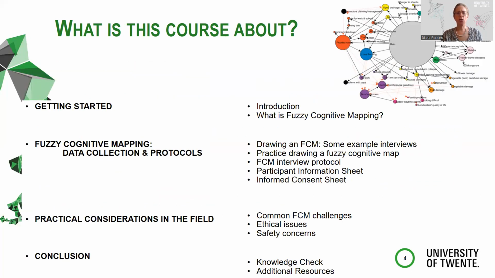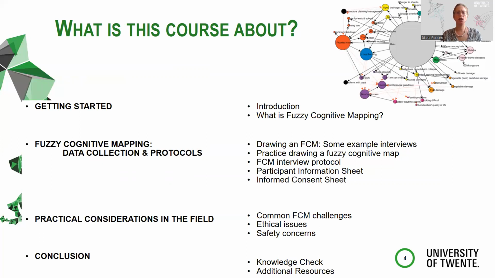We have structured the course in 4 parts that are entitled Getting Started, Fuzzy Cognitive Mapping, Data Collection and Protocol, Practical Considerations in the Field, and a conclusion section. In Getting Started, you will see this video just now, and then a short video of what fuzzy cognitive mapping is.